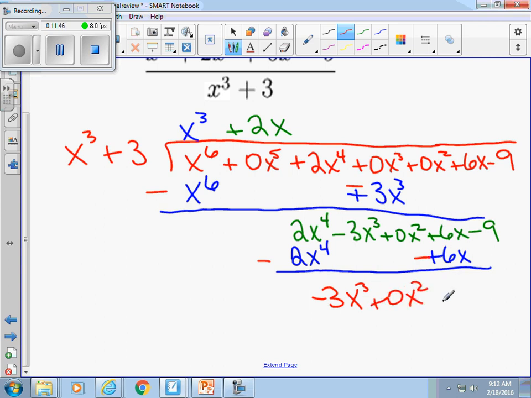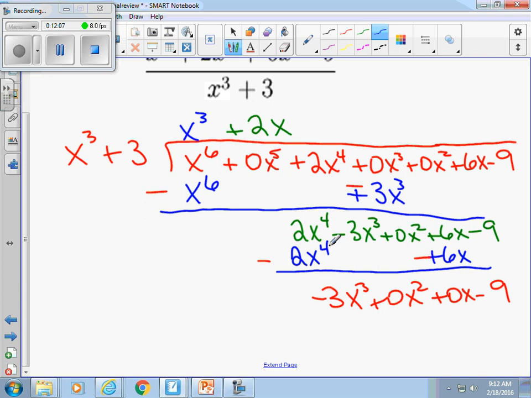The x's cancel, and I'm going to go ahead and write 0x, though. Even though that's silly, I'm just going to go ahead and keep that placeholder. And the last one, how do I know it's the last one? It's cubed, right? Anything below a cube, it's not going to go into.